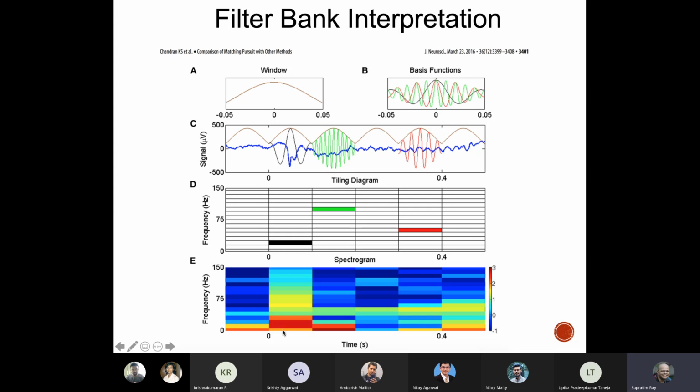And the color that you see here is just the inner product of the basis function with the signal. If the signal actually oscillates in the same way as the basis function, so here, for example, the two seem quite aligned, then you will have a larger value of the inner product.